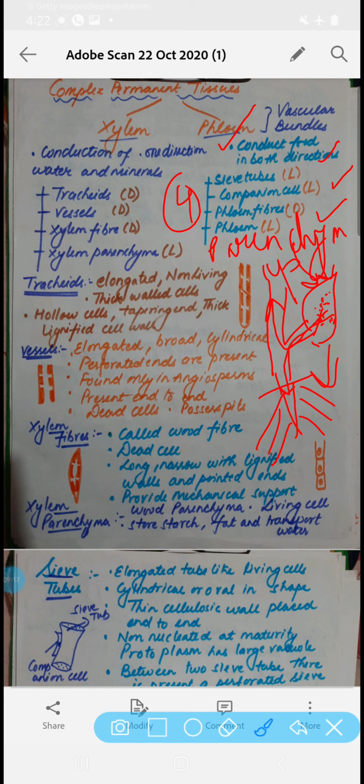Among these, 3 are living and 1 is dead. In xylem the case was opposite: 3 dead and 1 living. Here it is 3 living and 1 dead. Okay, you have to learn this.